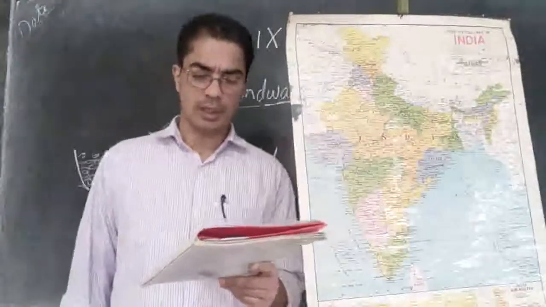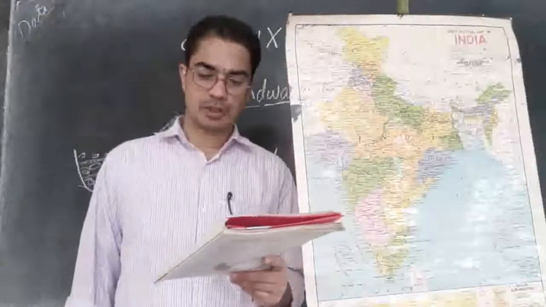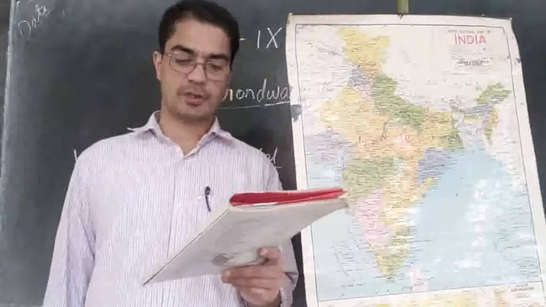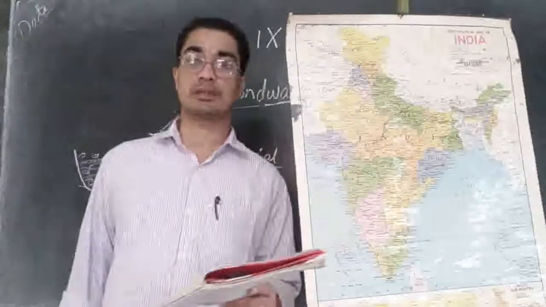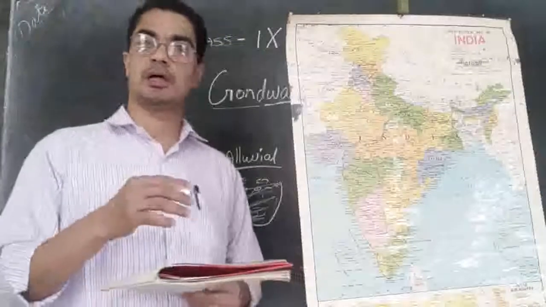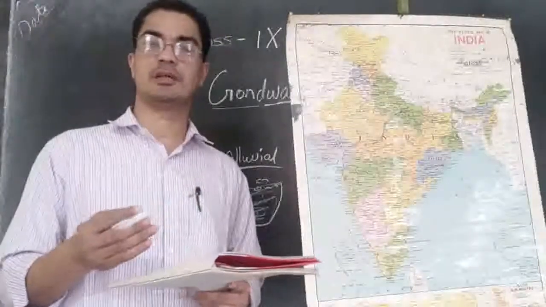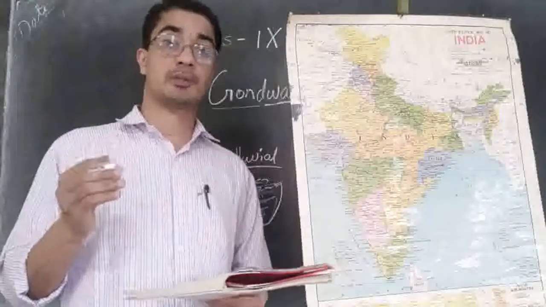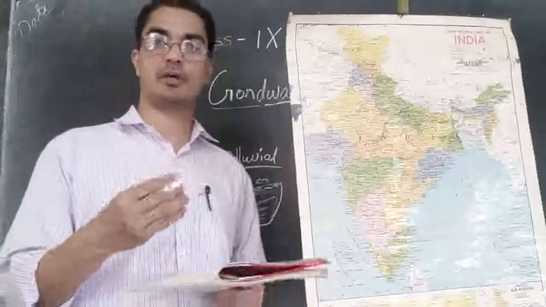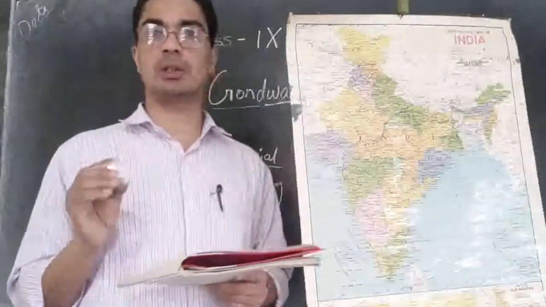Then, geologically, the Peninsula Plateau constitutes one of the ancient landmasses of the Earth's surface. So we said in the beginning that the Peninsula region, the southern part of India, was part of Gondwana land, which is the oldest mass, and therefore in India the Peninsula Plateau is the oldest landmass.